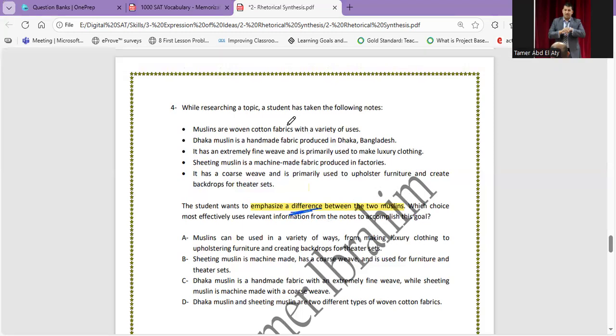I got the answer from Luma. I need the difference between the two muslins.